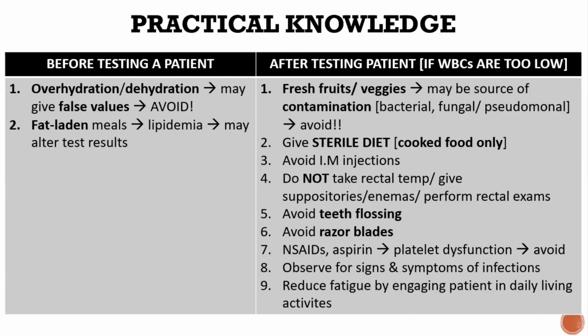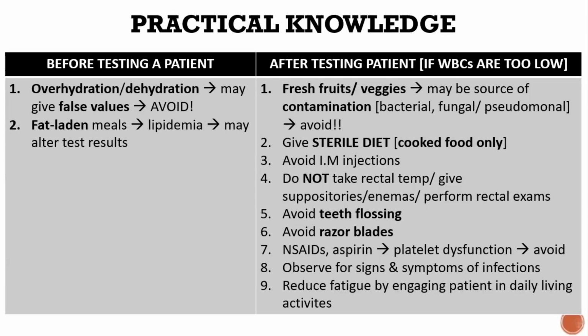In any condition, if the WBCs are too low, what can be done? This is also applicable to patients who are severely immunocompromised or who are undergoing cancer chemotherapy with an extremely low WBC count. If the patient is admitted in the hospital, in the ward or ICU, fresh fruits and vegetables should be avoided as much as possible, because when they come from the mess or the kitchen, they may be a source of contamination.